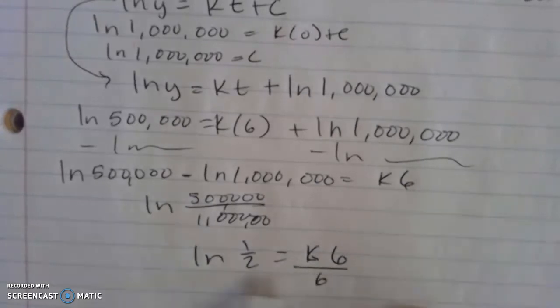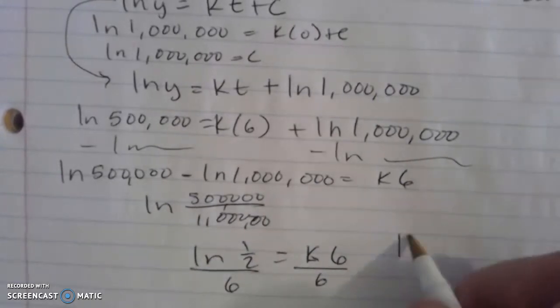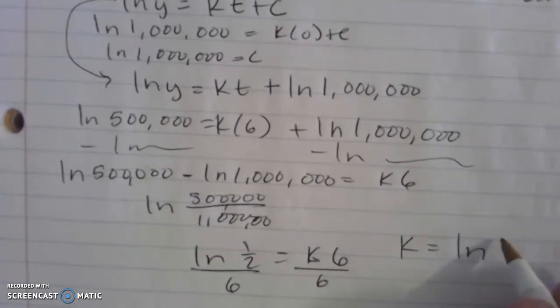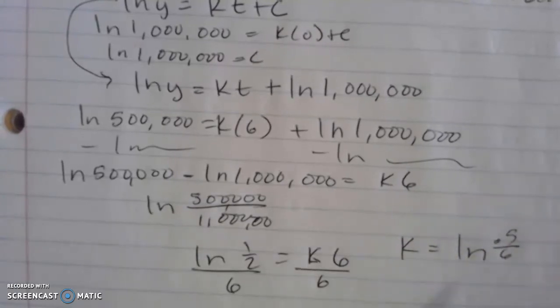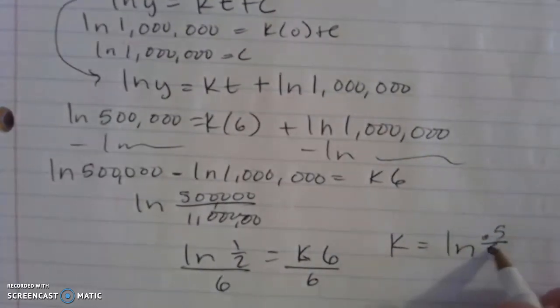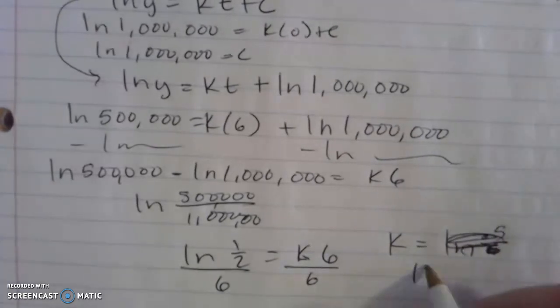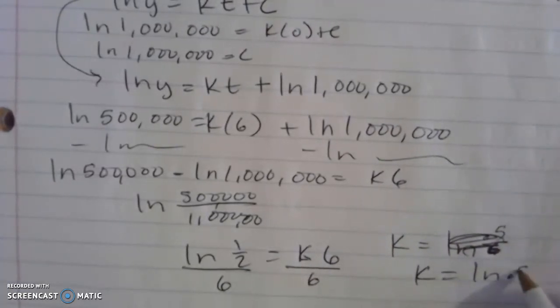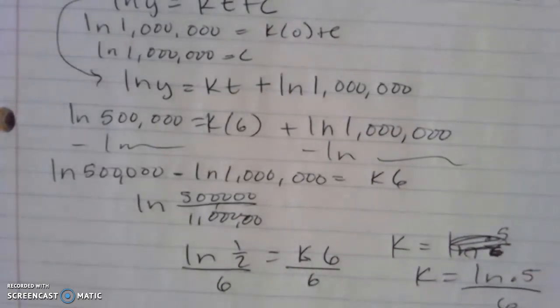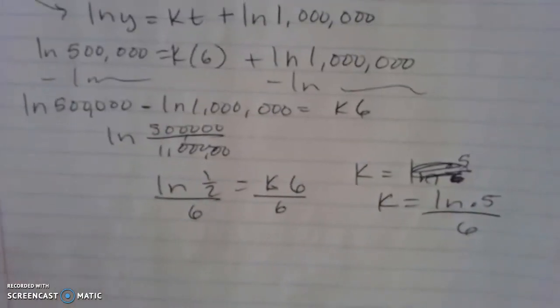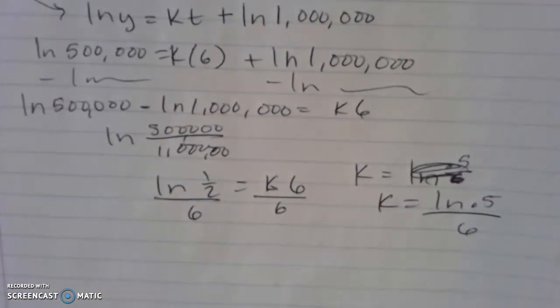So we get that k equals ln 0.5 divided by 6. Whew, that helps us out.